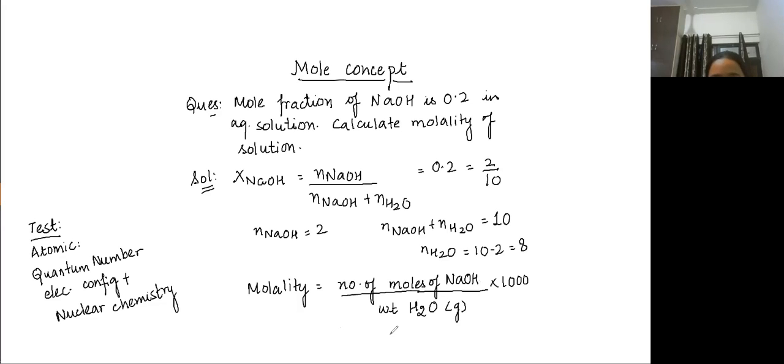So moles of NaOH is 2, divided by weight of water, which will be moles 8 into 18. What will be the weight of water?